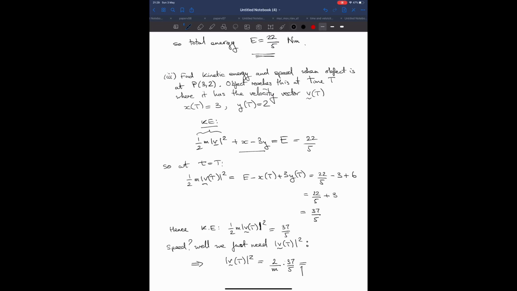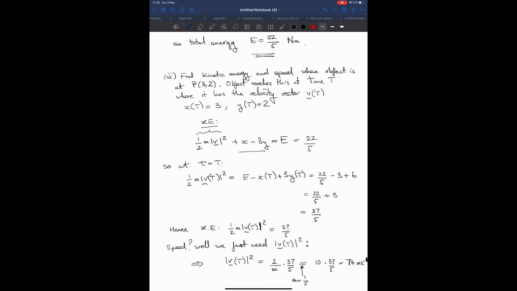With m being 1/5, we have 10 multiplied by 37 over 5, which is 2 times 37, which is 74 meters per second. That's the speed of the particle.